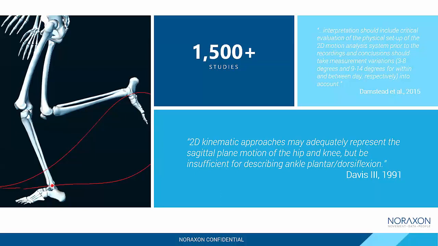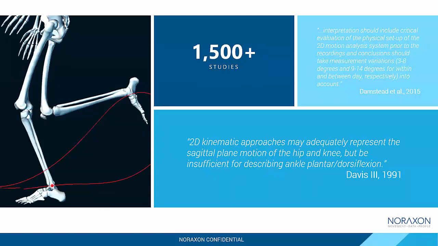Another thing to mention is that interpretation of 2D video analysis should be absolutely critical. Because of that setup, the issues with parallax error, possible marker occlusions, even inter and intra operator reliability issues, you can see that there's some extreme variability that can be determined.